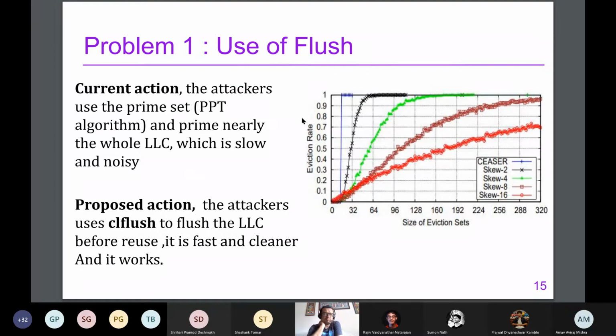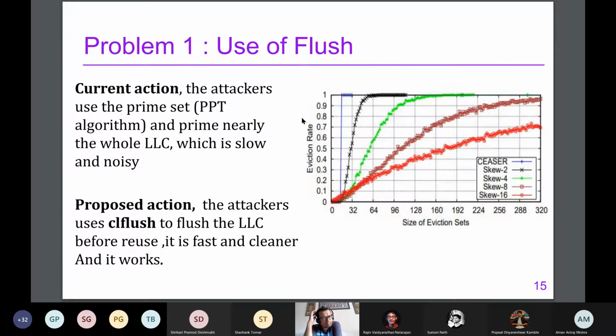So what currently happens is the attackers, when they are using this eviction set technique, prime the LLC, and then probe it again to see which cache lines were accessed or not. What the paper proposes is that before reusing the particular eviction set, we flush the LLC.